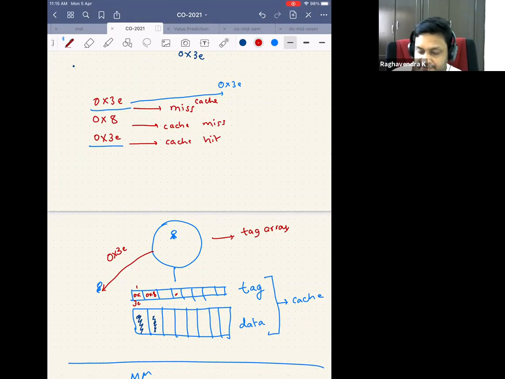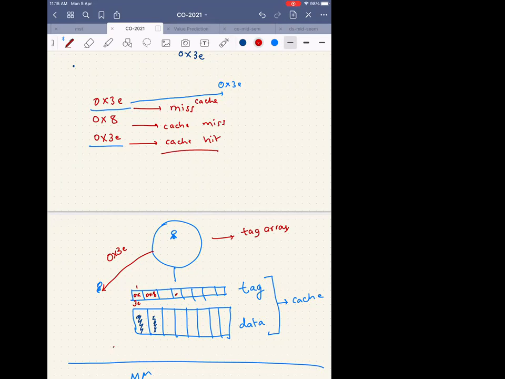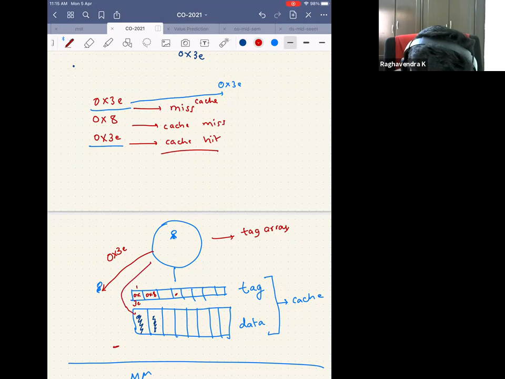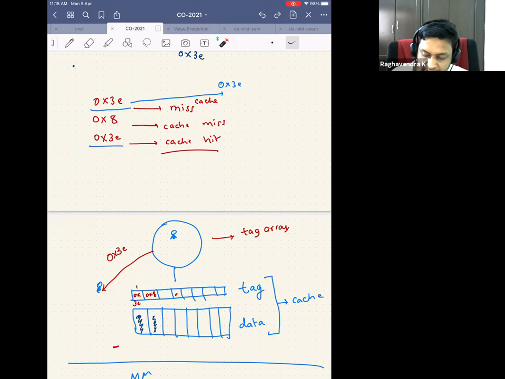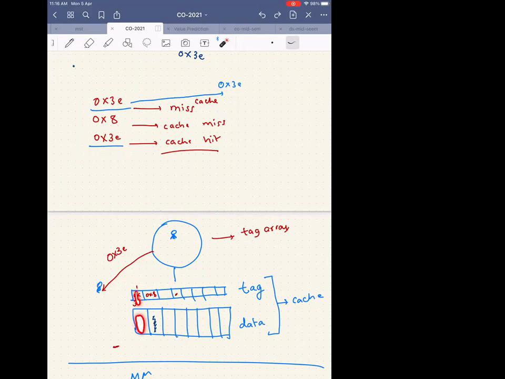Once it is a hit in the cache, you don't go to the main memory. You just service the data from here itself. The third time when 0x3 was asked, you searched here, you found a hit, and you serviced it back to the CPU. But when you write something to it? When there is 0x3 and I write to 0x3, it's a hit, so I update the value here. Okay, it's updated.